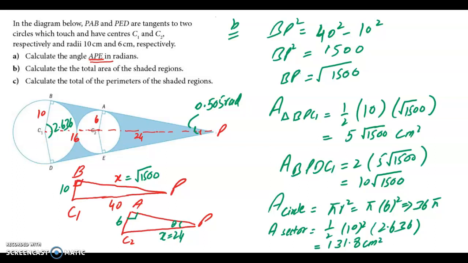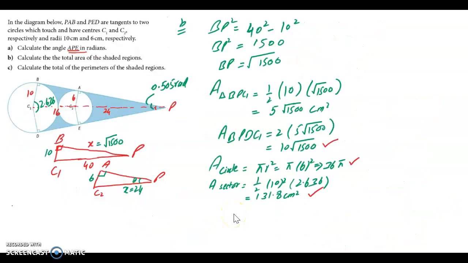centimeters squared. Now to find the shaded area, we will subtract these two areas, because we already found the area of the sector and we know the area of the smaller circle. If we subtract these from the kite, we will be able to come up with the final answer.